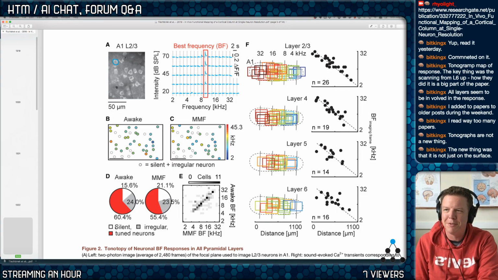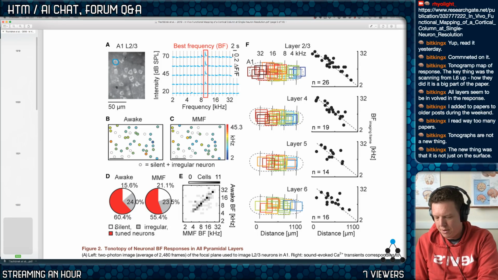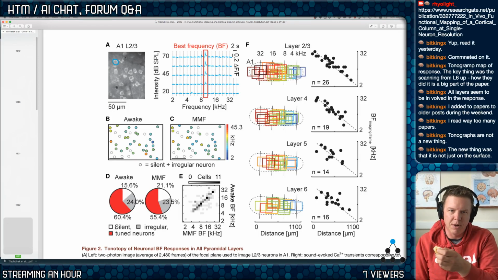How many of them that you recorded didn't fire? Because that's important context. It's interesting to know that those neurons were not involved in that particular processing, whatever it was processing at that time. They're involved in something else, probably lots of other things, but it's good to report on those. And the irregular ones are the ones that are firing, but they don't seem to be associated with the tonality, right?